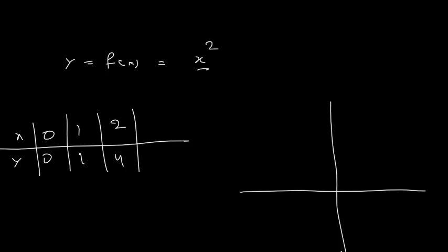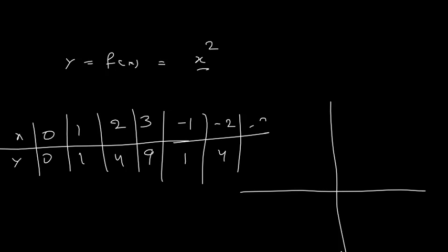When x is 3, the value of f(x) is 3 square, which is 9. Similarly, if you take negative values, like minus 1, the value is plus 1 because it is a square function. When you take minus 2, it is plus 4. When you take minus 3, it is plus 9. So the value of y remains positive, whether the value of x is negative or positive.